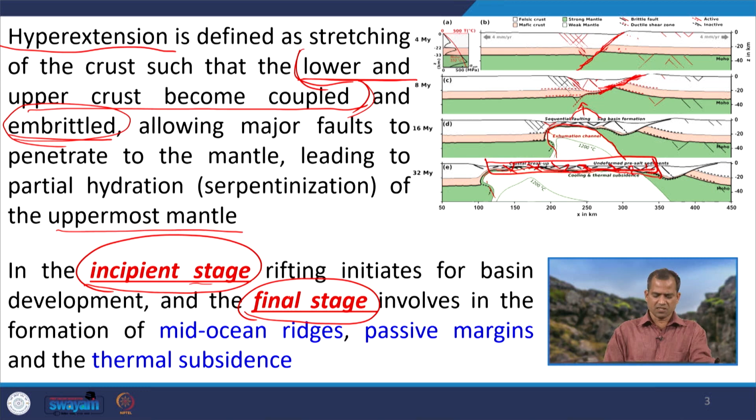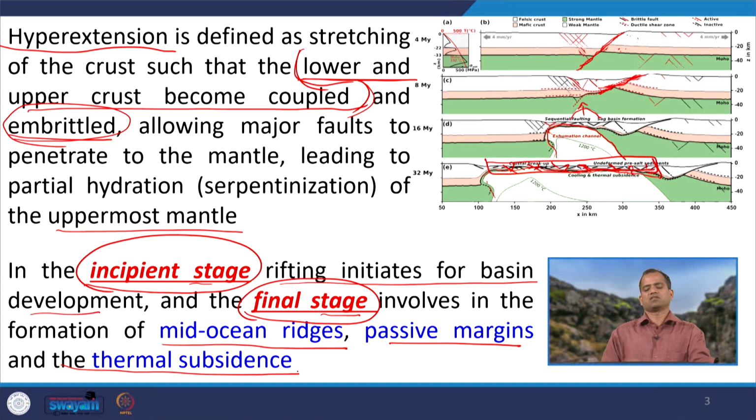In the incipient stage, rifting initiates for basin development, and the final stage involves the formation of mid-oceanic ridge, passive margins and thermal subsidence. Each stage, at the mid-oceanic ridge development, will emplace different types of minerals. The passive margins will have different types of minerals, and then the thermal subsidence stage will have different minerals.